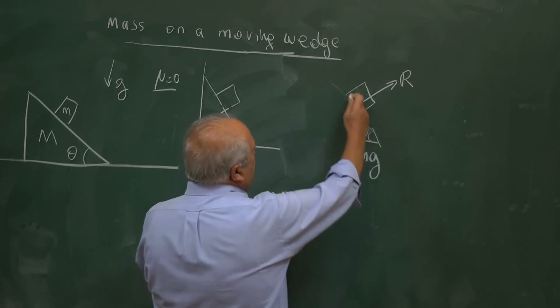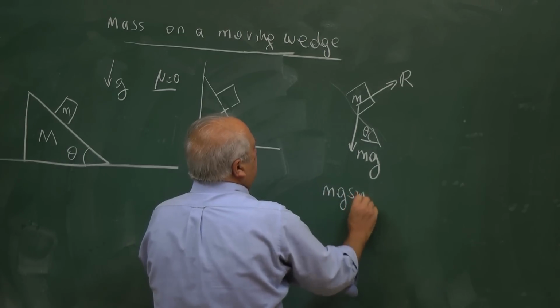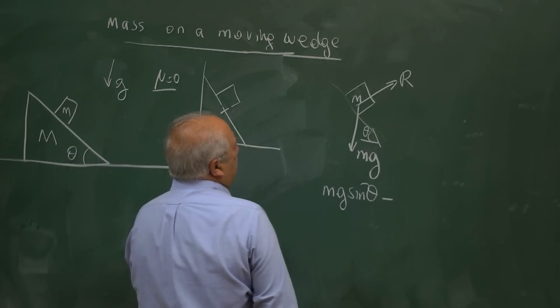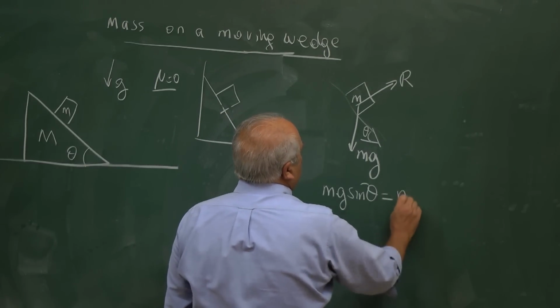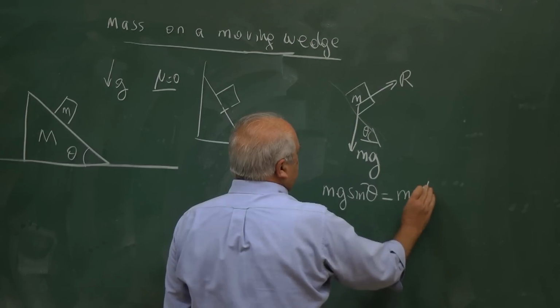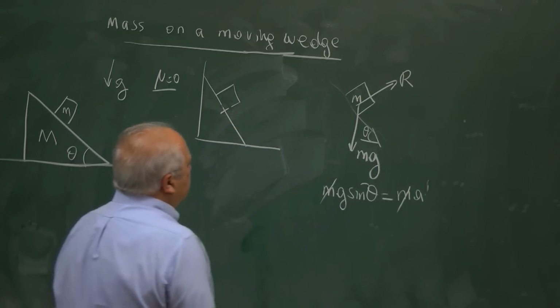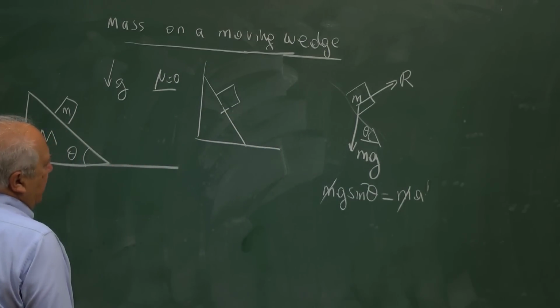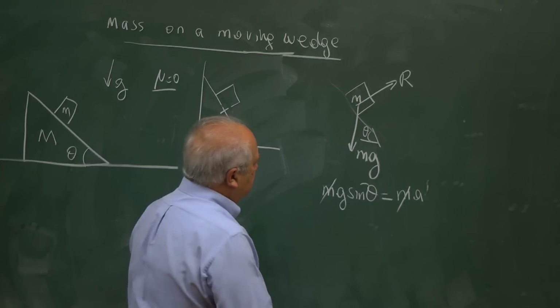So it is pulled down along this axis by the force mg sine theta, minus, there is no force opposing, so it is equal to ma, the m's cancel, so a is g sine theta. You can find the reaction force simply: R equals mg cosine theta.